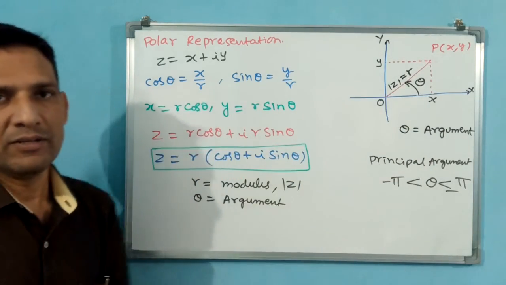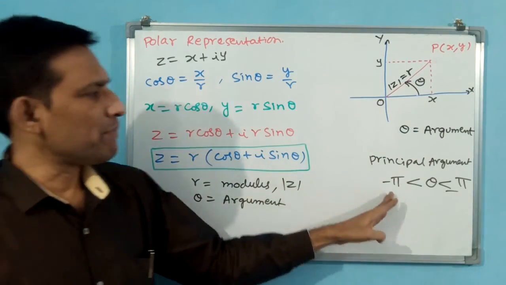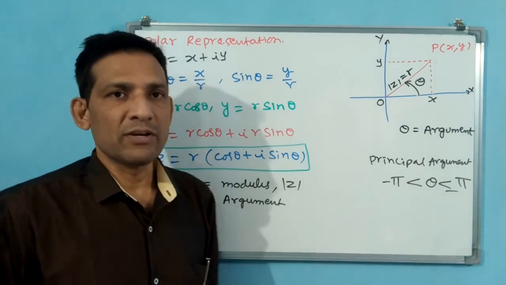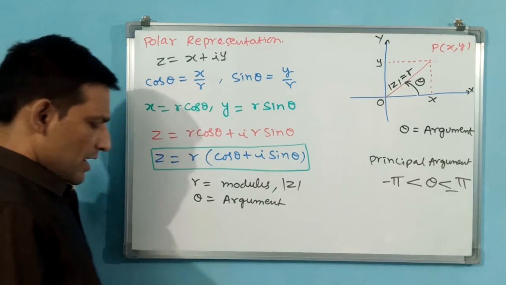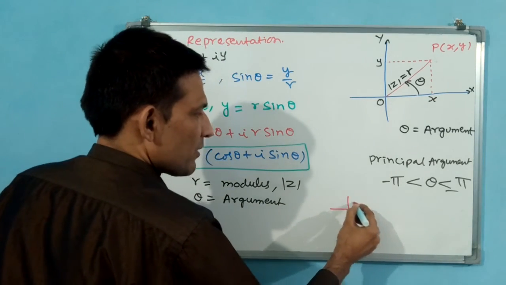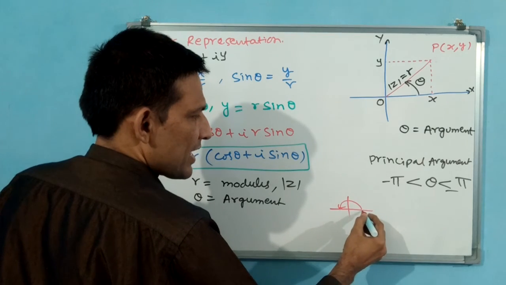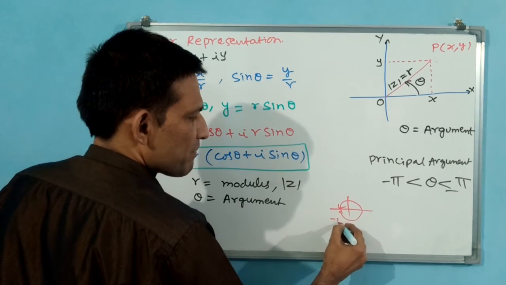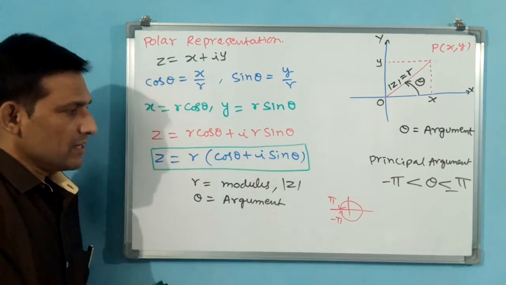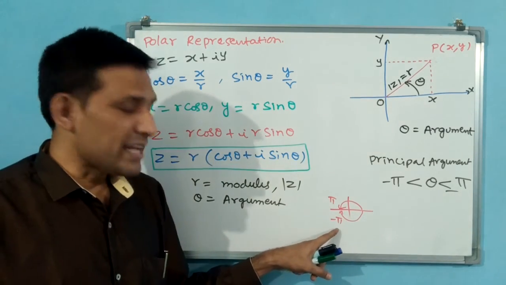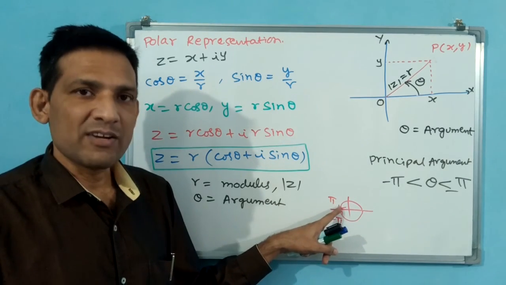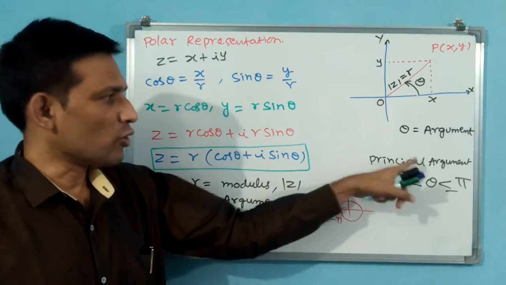It may vary from minus pi to pi. It can go beyond, but we restrict it up to here only. If more than plus pi is coming, you have to take it in the minus pi area. If more than minus pi is coming, you have to take that argument in the plus pi area.